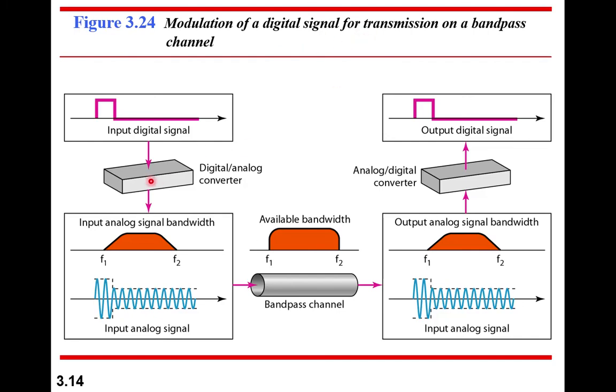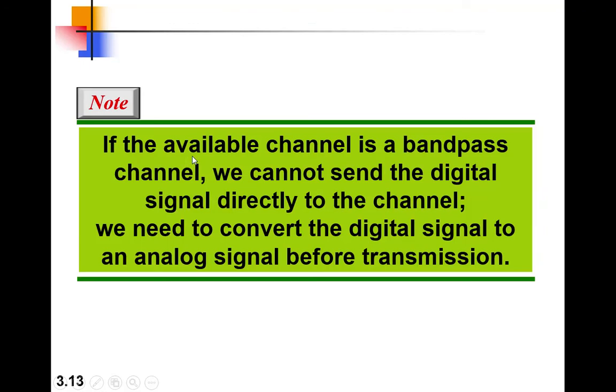Here we need a converter that converts the digital signal into analog, and similarly at the receiving end the analog signal is converted back to digital signal. This is called a broadband channel.